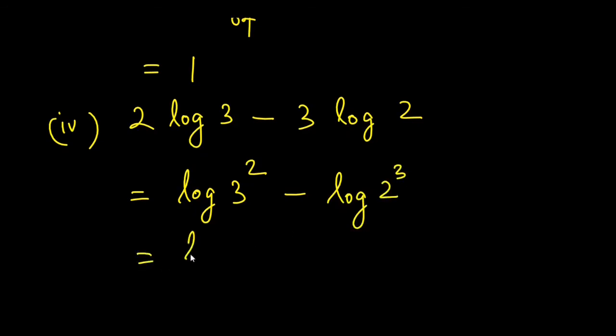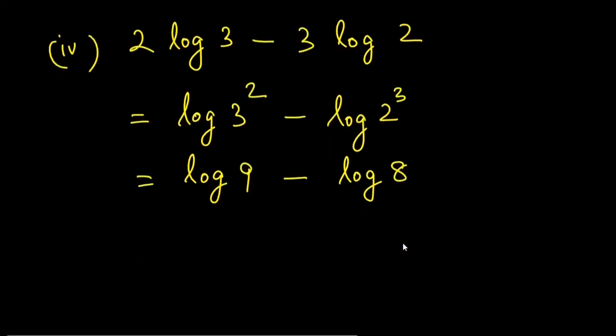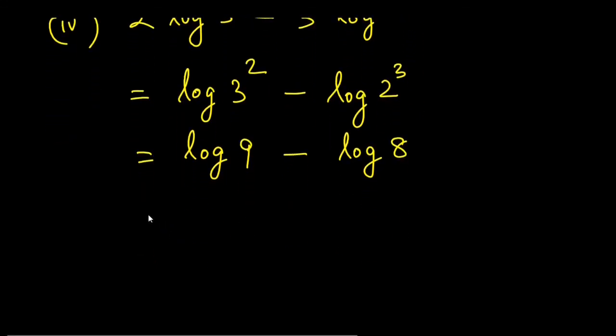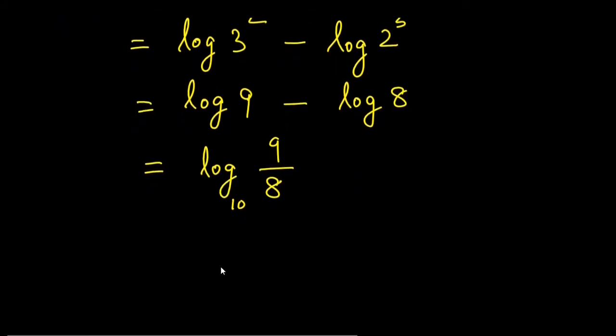This is equal to log of 9 minus log of 8. This is equal to log of 9 by 8 to the base 10 here. Value can be looked up in the tables.